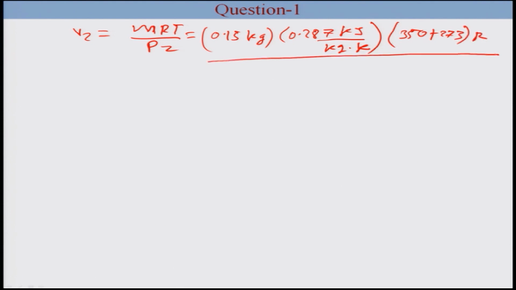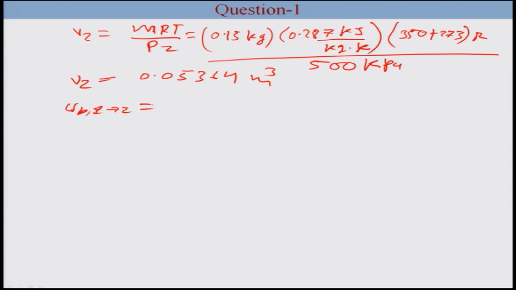And total pressure is 500 kilopascal. So this gives us V2 equal to 0.05364 meter cube.